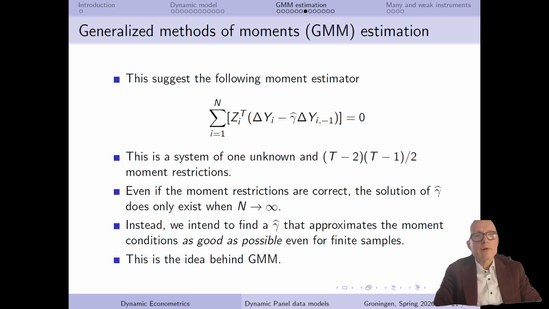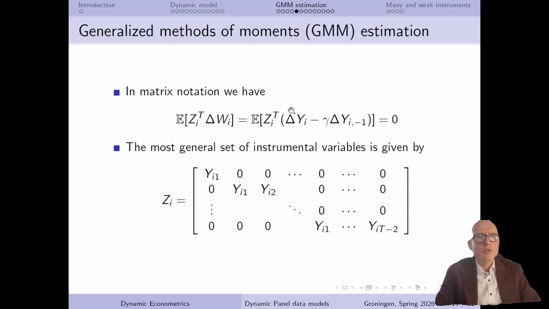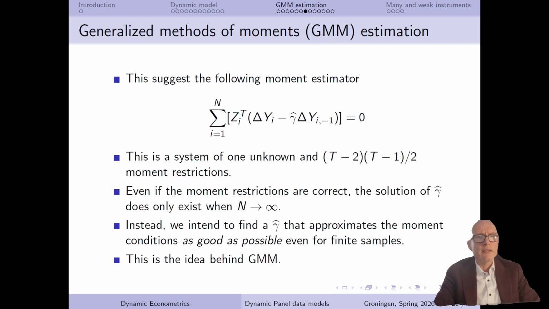Now that we have our matrix notation, what we can do is derive our moment estimator, based of course on this moment restriction that we have over here. But what we then would like to do is use another time the analogy principle. That means that we are going to have no expectation, but we're going to have summation, and we're going to sum over all the observations that we have, and we divide by the number of observations, which is in this case equal to n.